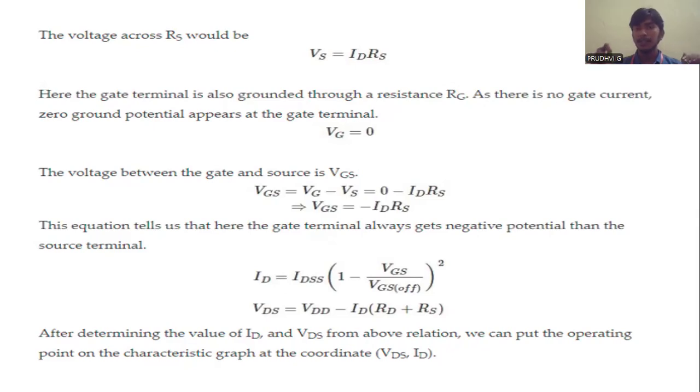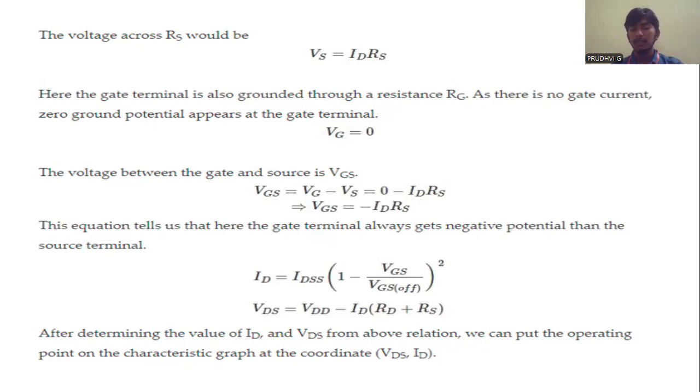Considered separately, the voltage at the source would be positive, and considering VGS, the voltage between gate and source would be negative. And by using Ohm's law, we get the same thing.